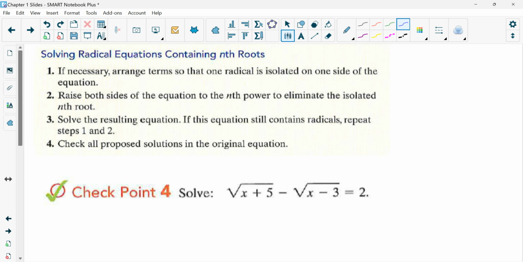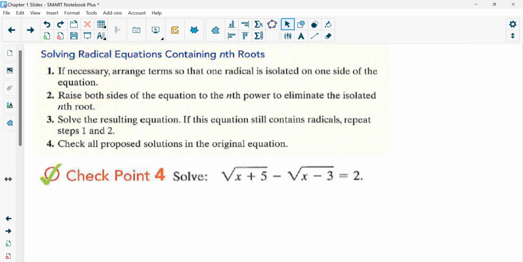All right, next problem. I still have the steps above here, but the problem is square root of x plus 5 minus the square root of x minus 3 equals 2.